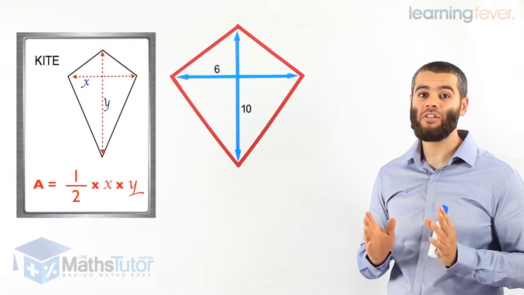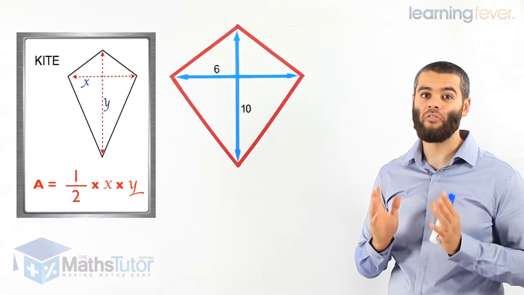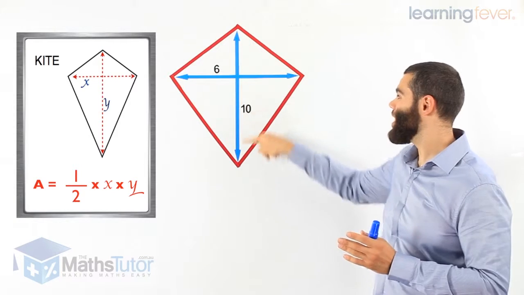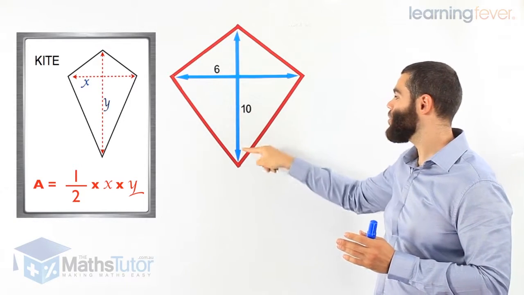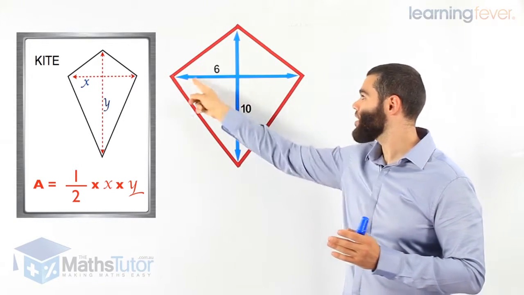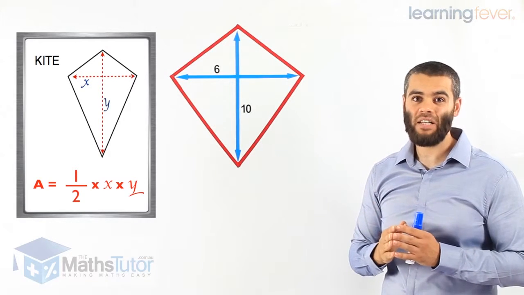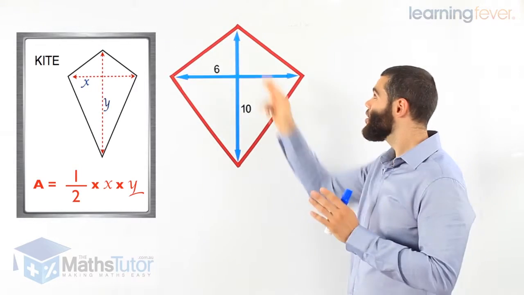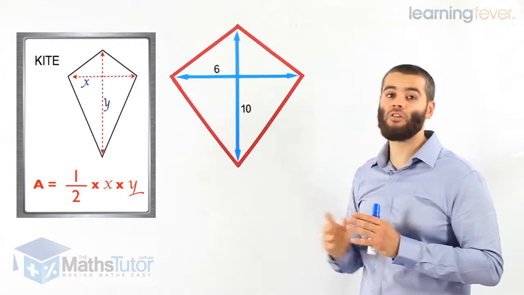The x and y we mentioned are the diagonals of the kite. X can be that and y can be that, or x can be this one and y can be that one. It doesn't really matter, as long as you know that the measurements are for the diagonals and not the sides of the kite.